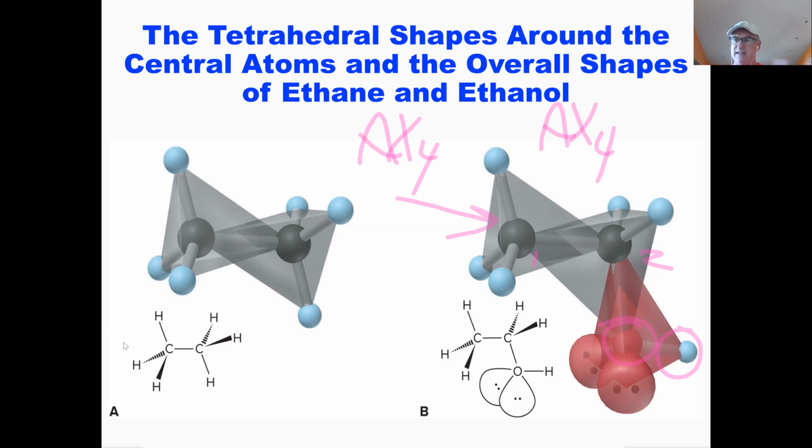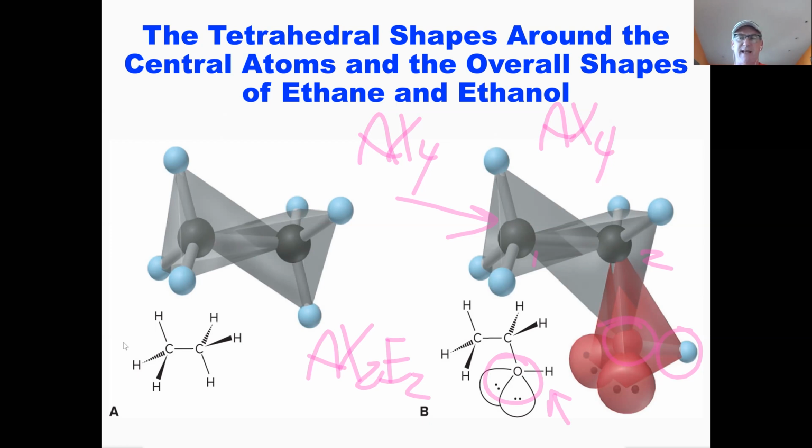So in each of these instances, you'd say that both carbons are in tetrahedral arrangements, as well as the oxygen. The oxygen's tetrahedral as well, because it also has 4 groups, right? So it has 2 bonds and 2 lone pairs. So it's in the tetrahedral group, but it is what shape? That would be AX2E2 for the oxygen.